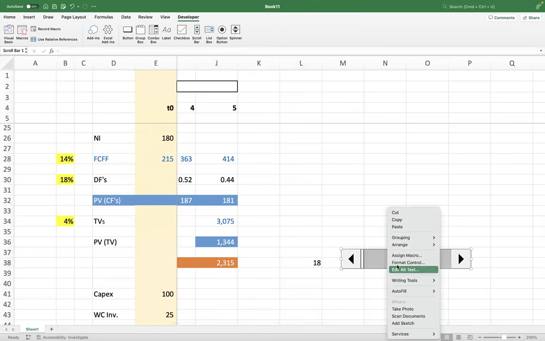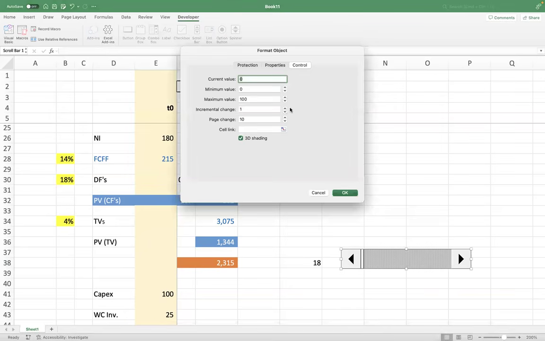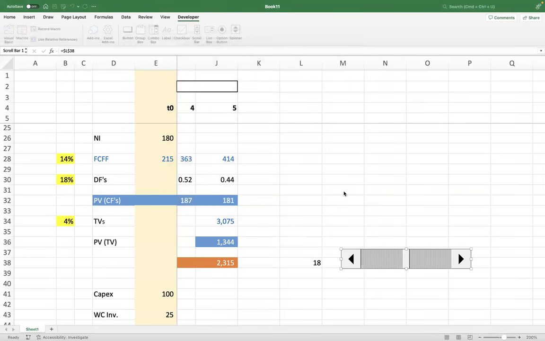So I create a form control here. Current value is 18. So let's say I take it from 12% to 24% with an incremental change of 1. And I link this to this cell and I press OK.